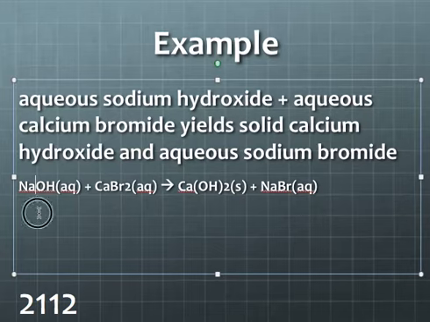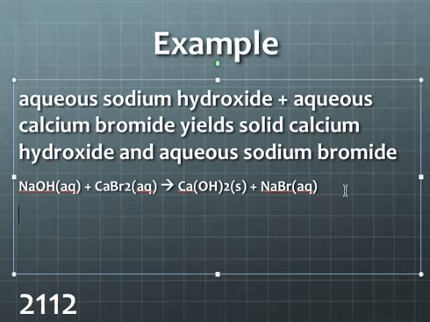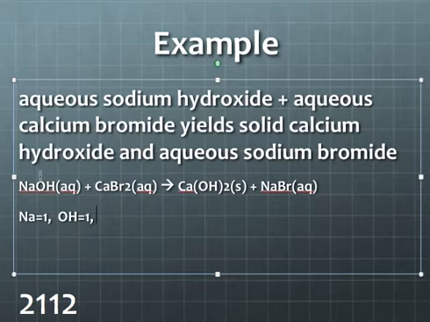So step 2 and 3 is about listing all of the elements that I have as a reactant and all of them as a product. So I have sodium, I have 1 sodium, okay. I have 1 hydroxide, and again I'm going to keep those grouped together because I see that hydroxide is intact on the reactant side and the product side.